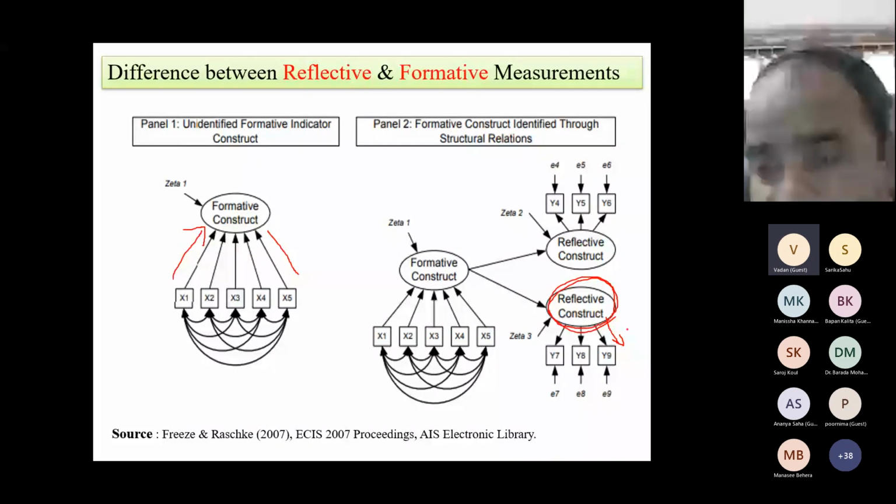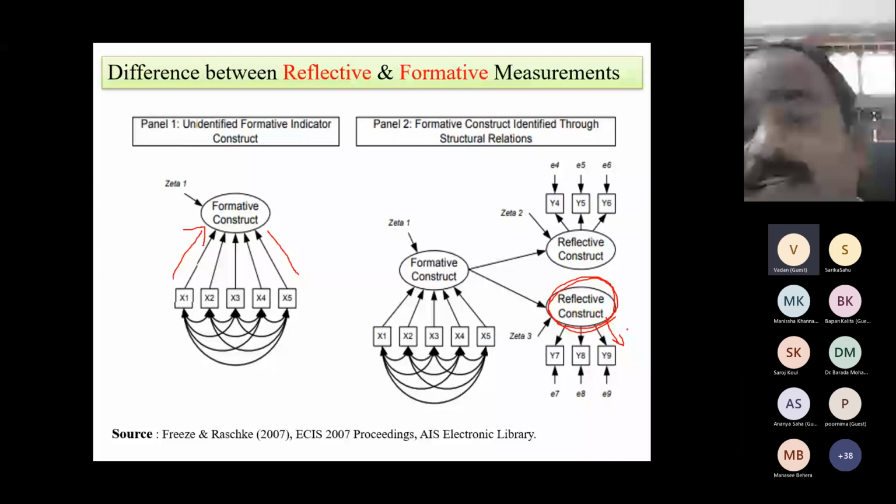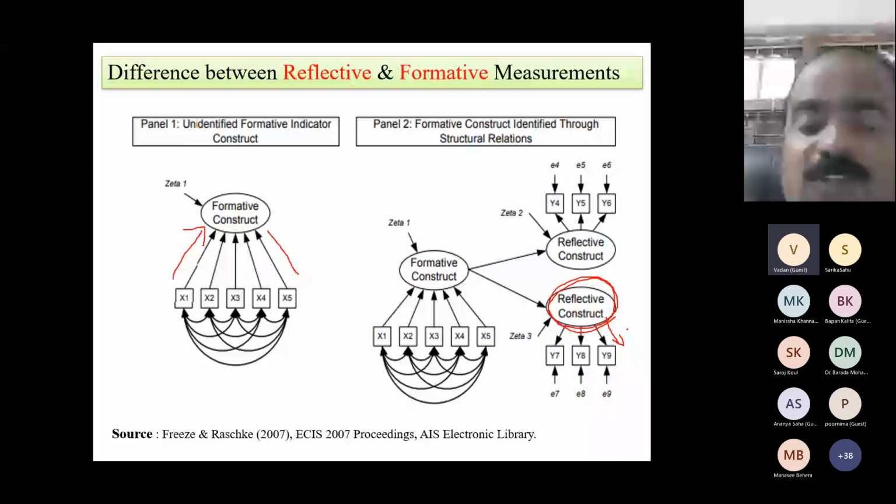Then I said, what does your literature say? Please read. His literature said satisfaction is reflected, in most of the cases, by attitude. Then what should the arrow mark be? The arrow mark should be from the satisfaction towards the attitude. That means it is reflective, not formative. If your literature is substantiating that attitude is causing the satisfaction, then you do accordingly.